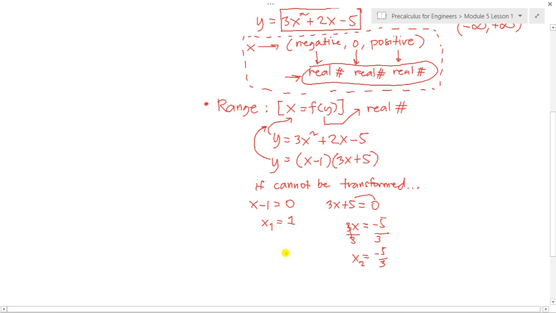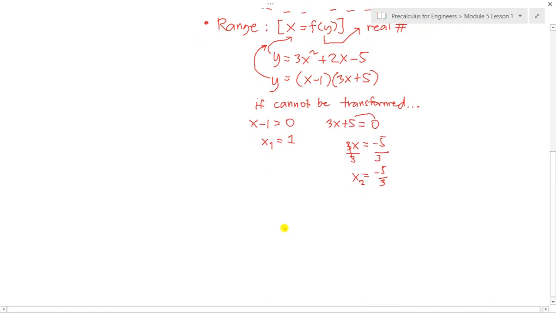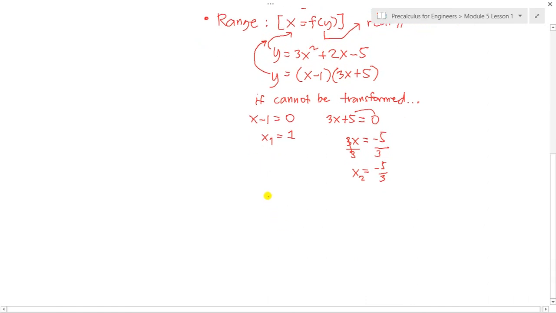But this time, since it cannot be transformed, our test value is for x. Remember this, class. If it can be transformed, our test value is for y. But since it cannot be transformed, our test value is for the x. Okay, got it?